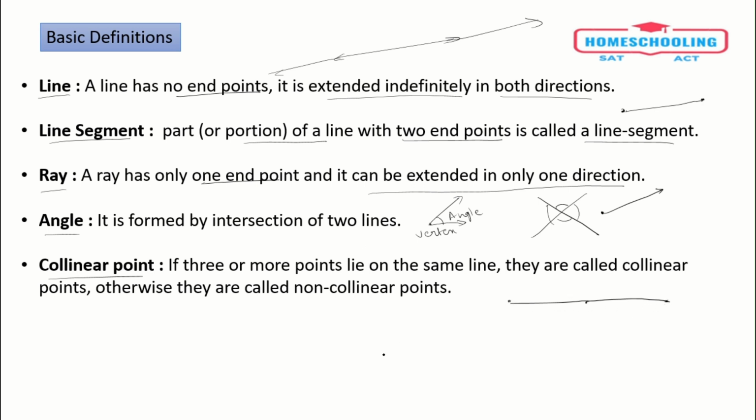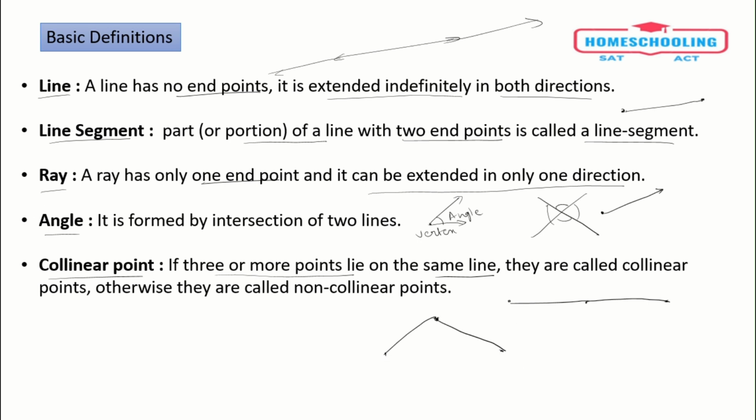Let's take another example. So there are also these 3 points. Are these 3 points collinear or not? So let's go to the definition. Three or more points lie on the same line, but here they do not lie on the same line. There are two lines, so these 3 points are non-collinear.